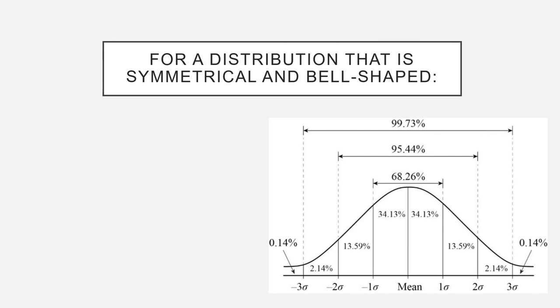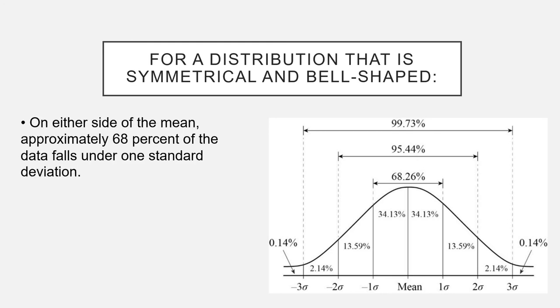For a distribution that is symmetrical and bell-shaped, or normal distribution, we look at the illustration on the right side. On either side of the mean, approximately 68% of the data falls within one standard deviation, so one standard deviation on both sides.